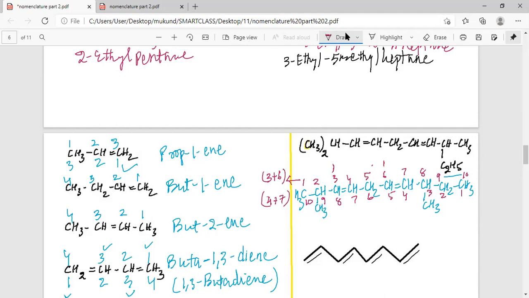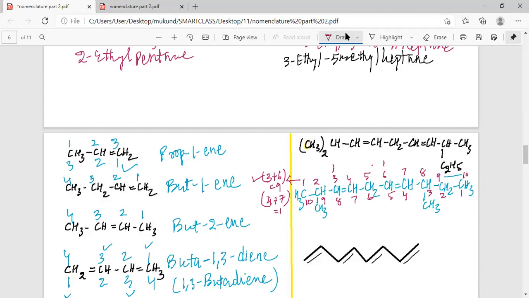So here it is going to be 11, and it is going to be 9, and thus this kind of nomenclature we should consider as the correct one, my dear students. Then we can write it this way: 1, 2, 3, 4, 5, 6, 7, 8, 9, 10, and then we have 3 plus 6 is equal to 9. So we will consider this as the proper numbering.